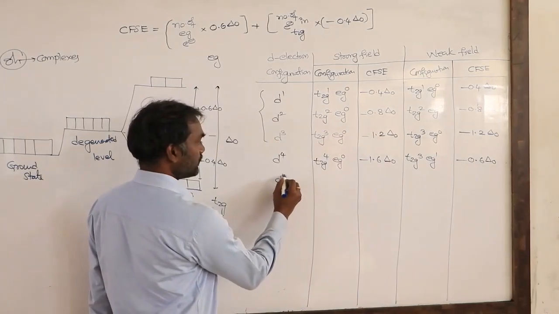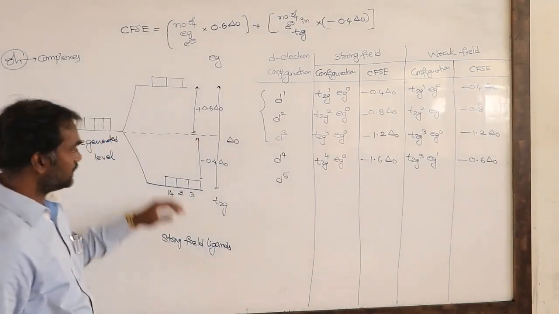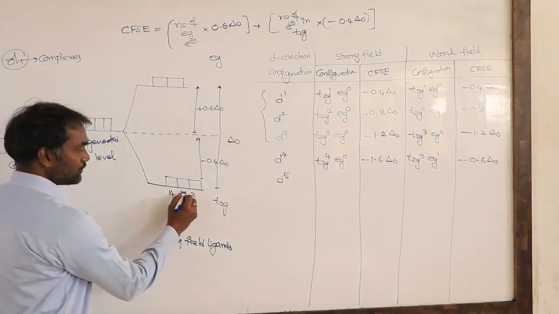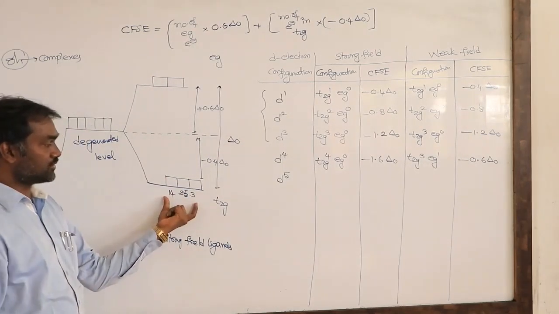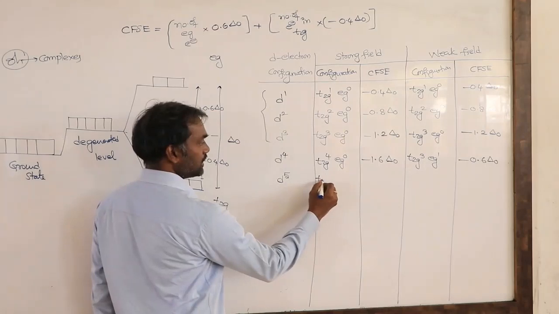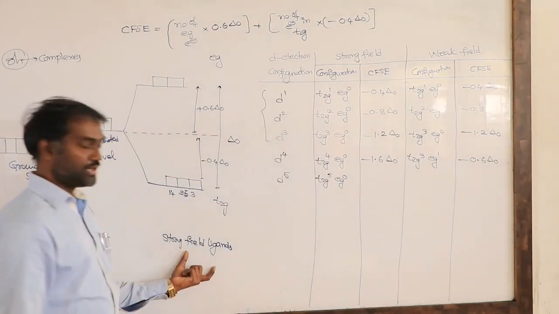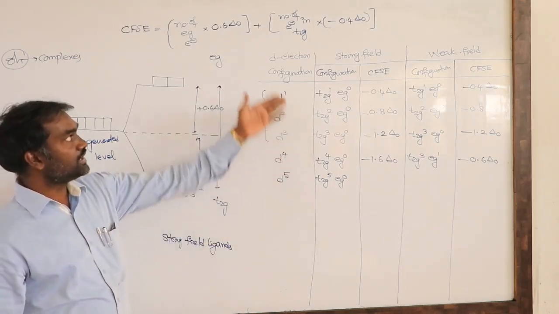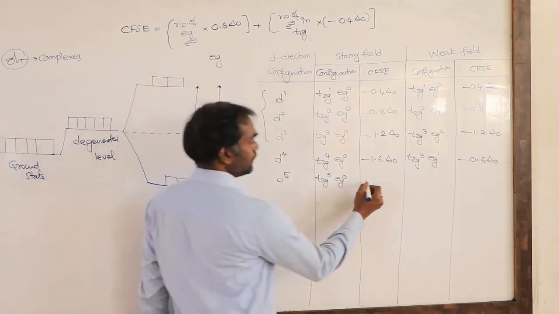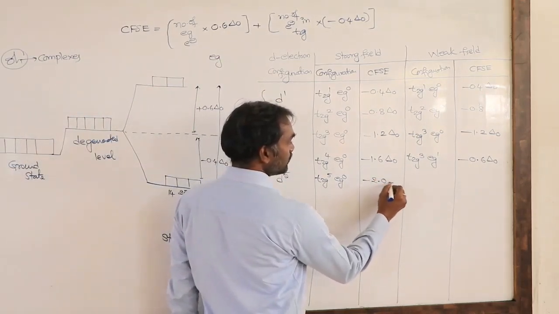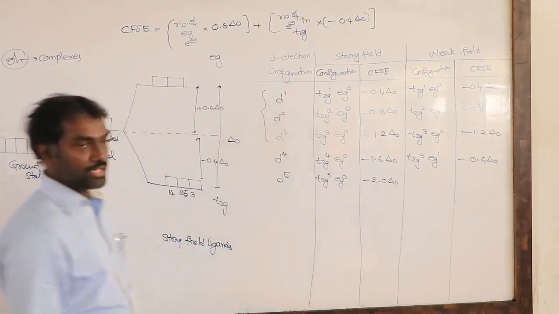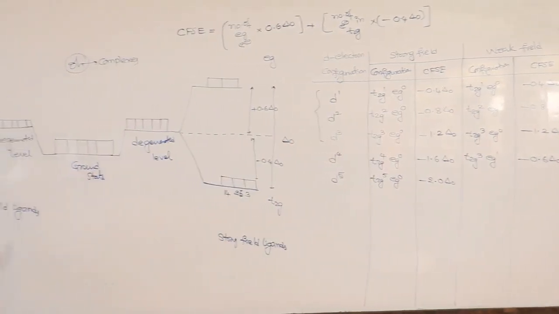Next, D5. In strong field, the fifth electron is not going above. The fifth is combining with the second electron only. So then T2G5 EG0 in strong field ligands. So 5 into minus 0.4, minus 2.0 delta 0. Next, the fifth electron in weak field, you come here.